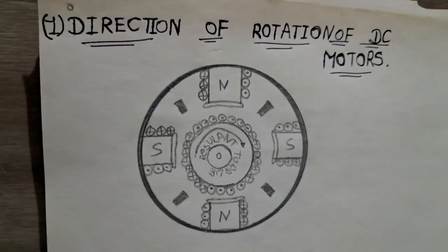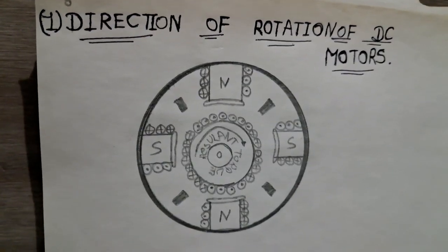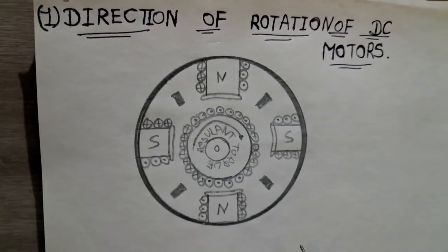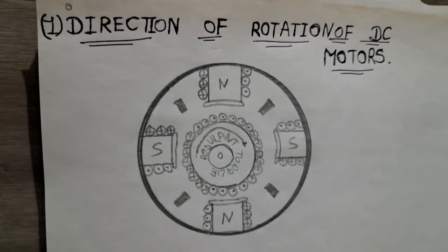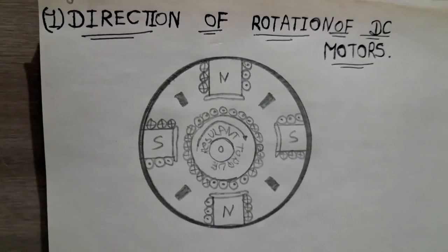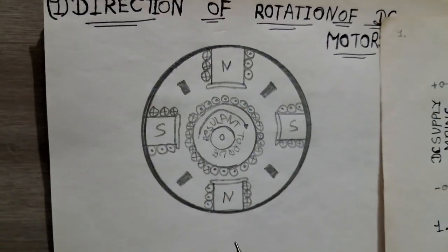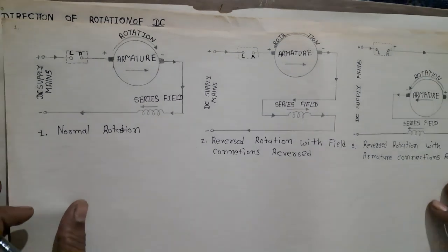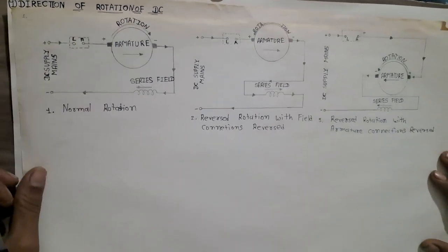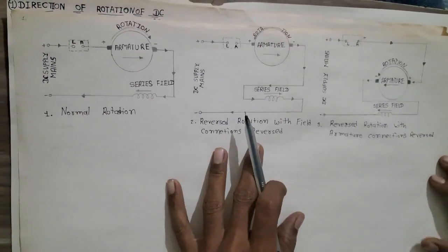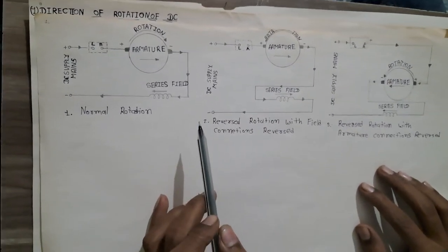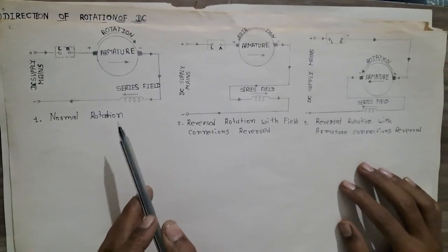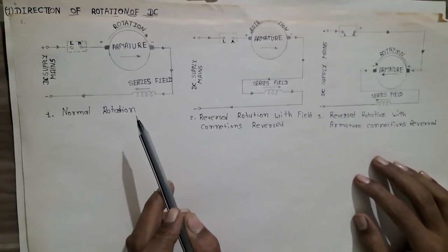Likewise, if the field polarity were reversed, leaving the armature current as shown, torque would be developed in a counterclockwise direction. This is the figure. However, if both the direction of the armature current and the field polarity were reversed, torque would be developed in a clockwise direction as before.